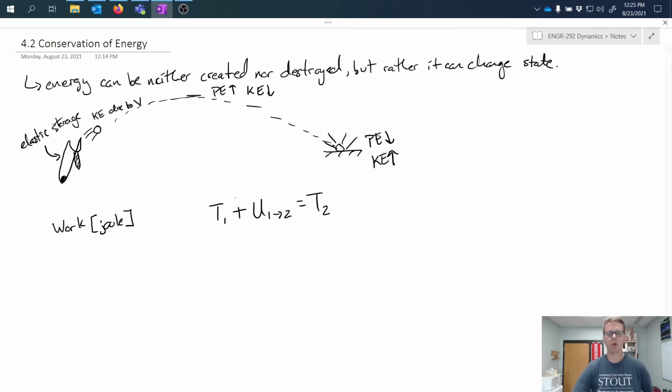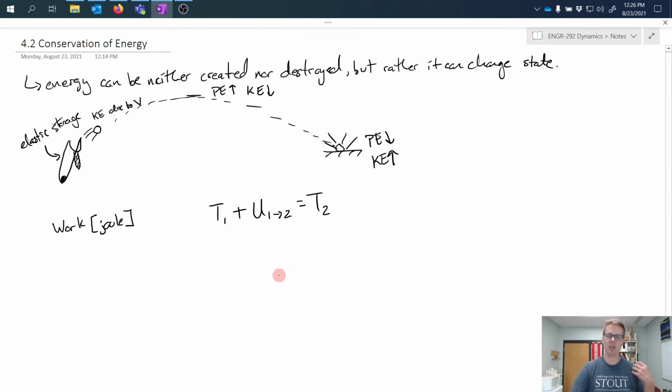So recall before that we used the letter T to denote kinetic energy and the letter U to denote potential energy. So the way I'm using this equation is that we have a kinetic energy, T1, at state 1, or maybe time 1, however you want to think about it. And we do work on the system, on the object, whatever it is we're isolating, and we cause a change in energy from state 1 to state 2. So this could be the force of gravity acting.